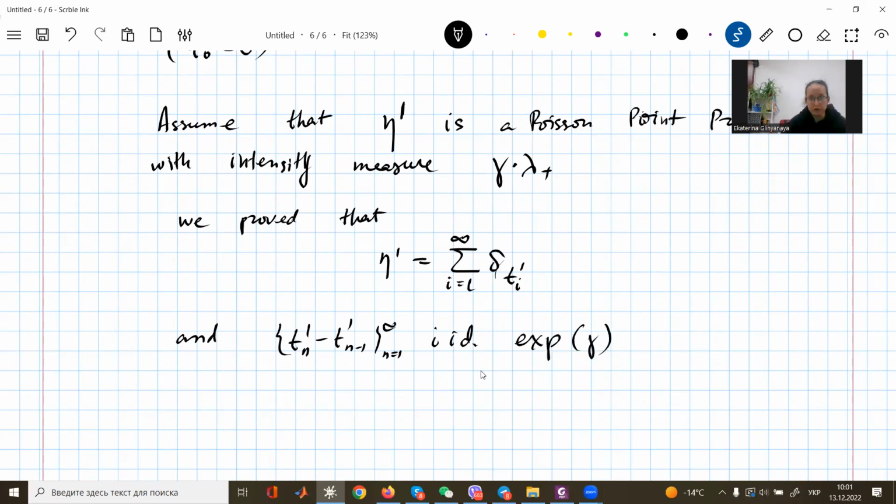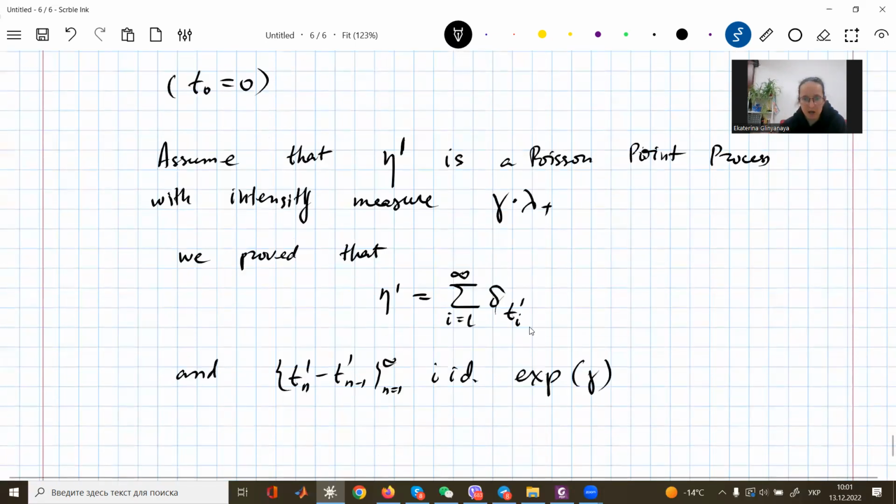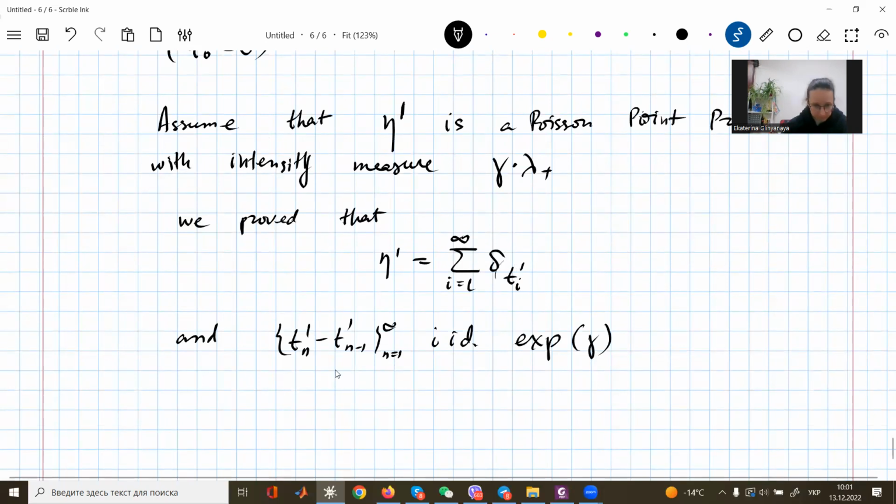So we just proved it, yes? If we take a homogeneous Poisson point process with intensity gamma, then the points here have such property.